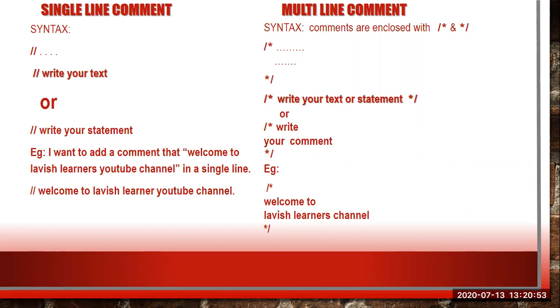To write a single line comment in a new line, add 2 forward slashes, and then write your text, your statement, your comment. This is the syntax of a single line comment.